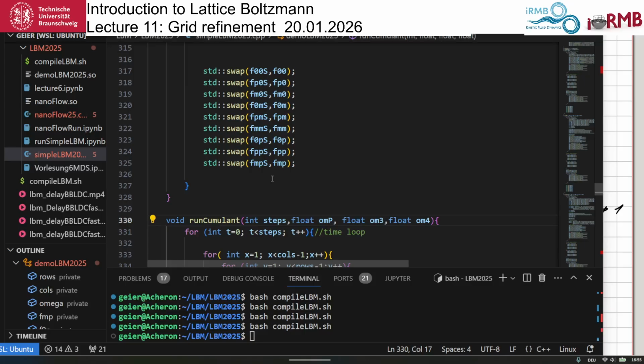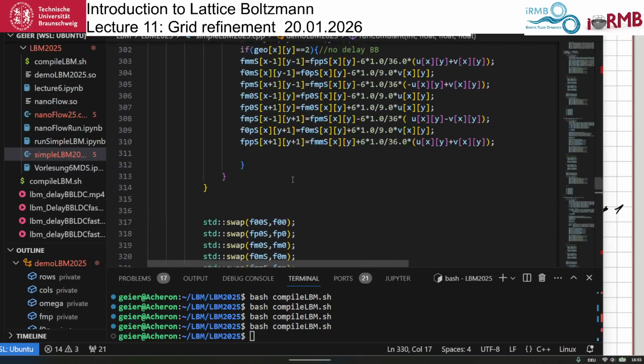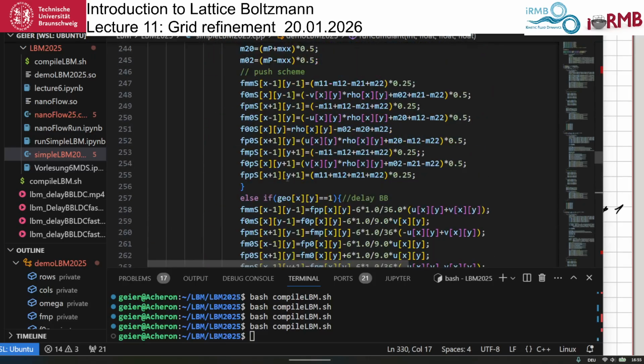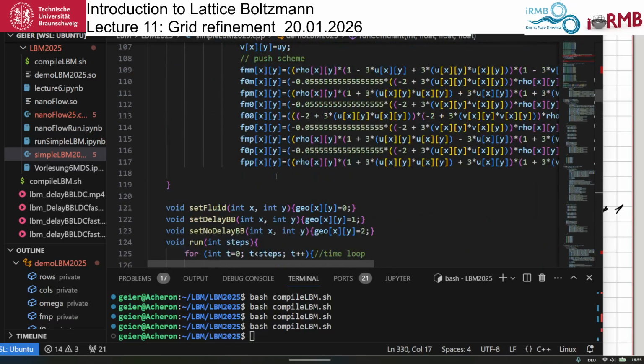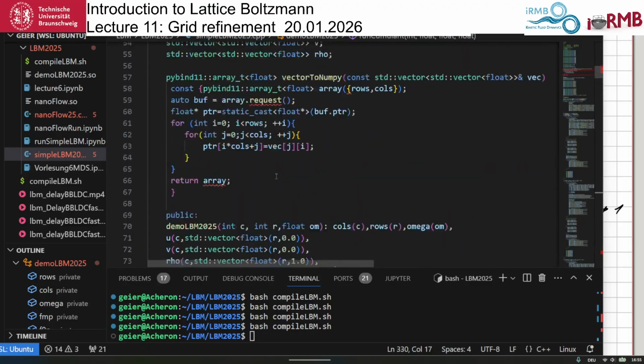Unfortunately, because I did not succeed, I also don't have any script for this. If we would like to do this, there would be a few steps that we would need to implement here.